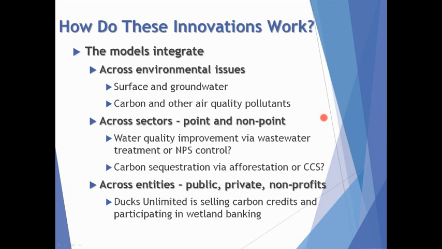Their primary mission is still to protect birds, but they can do a better job when they incorporate the revenue from a carbon credit scheme and the participation in a wetland banking scheme. So we are doing a better job at appropriating all the benefits of environmental protection, and so we potentially can increase the level of environmental protection.